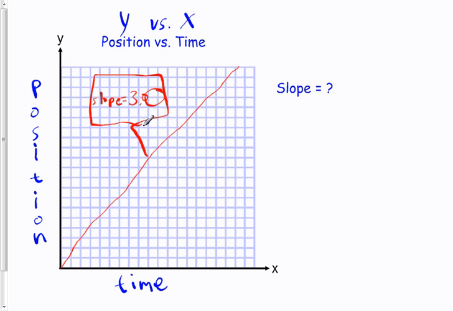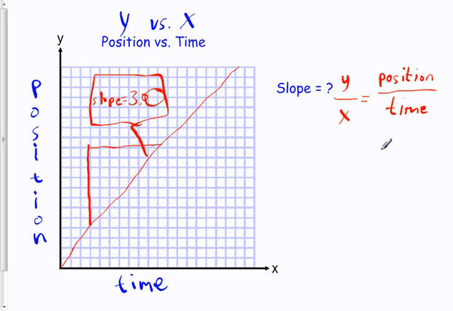And if we think about the slope of a line, we remember that it's rise, which is our y direction, over run, which is our x direction. So essentially it's y divided by x. All right? And when we think about what those things represent, it's the same thing as position divided by time. Okay?